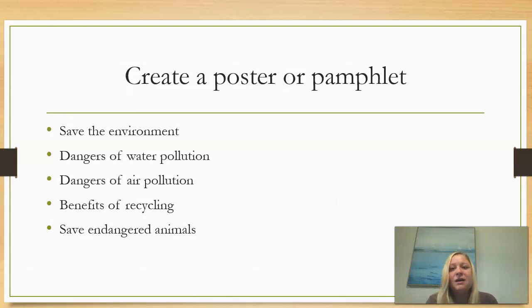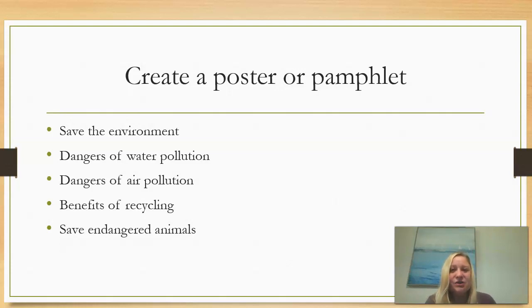Countries like the US have laws now against hunting certain kinds of animals so that they are protected. There are also zoos that bring in these endangered animals and help keep them safe from the outside environment so that their population is able to regrow. And hopefully one day they can become unendangered.